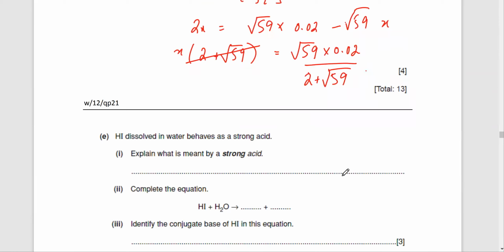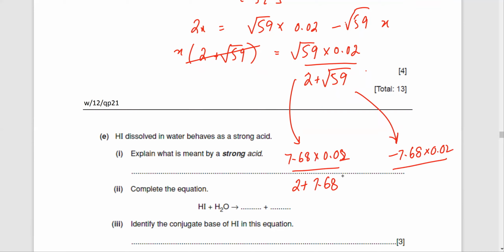If you take under root of 59, you get either 7.68 plus or 7.68 minus. So there would be two expressions. One would be for plus 7.68 times 0.02, or the other one is going to be minus 7.68.